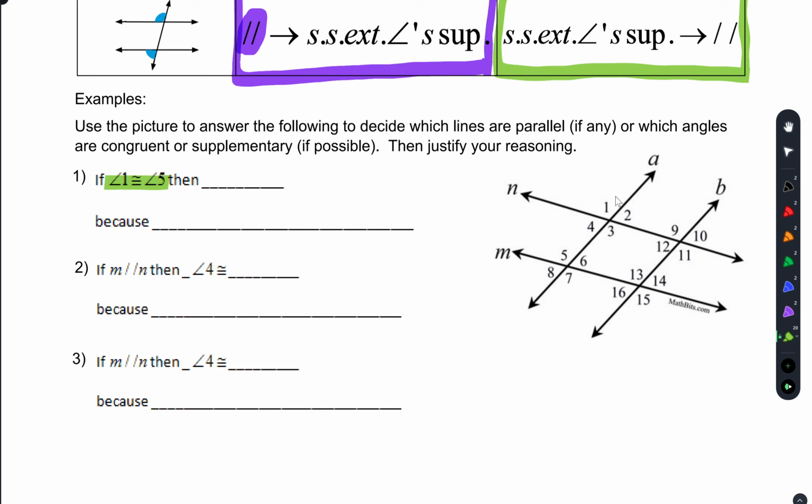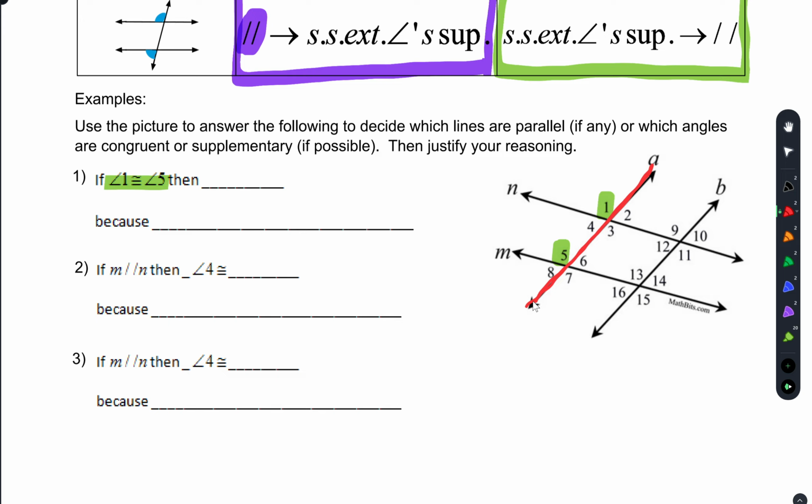So it says, if angle 1 is congruent to angle 5. I'm going to highlight those 2 angles. Remember, when we start these problems like we were doing yesterday, it's important that we identify what our transversal is and then what our parallel lines are. The transversal is the line that is shared between the 2 angles. So the one line that is shared by 1 and 5 is line A.